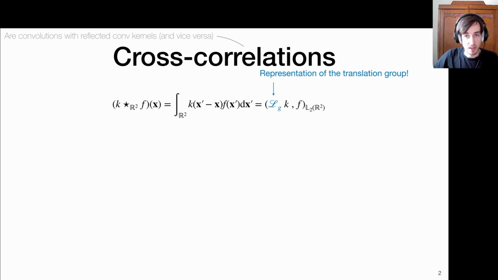And the inner product can be thought of as quantifying the similarity between the shifted kernel and the underlying signal, right? Just like vectors, if you take the inner product, you can relate it to a cosine similarity. So that essentially means that we can regard this cross-correlation operator as a form of template matching, where K is the template which we're matching with our function f under all possible translations.